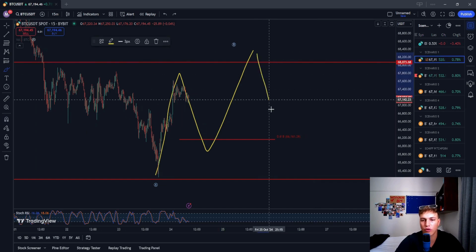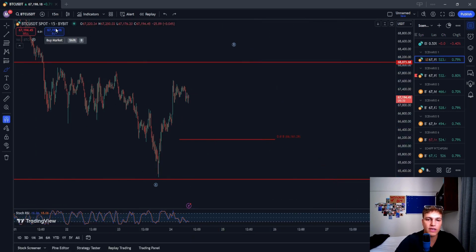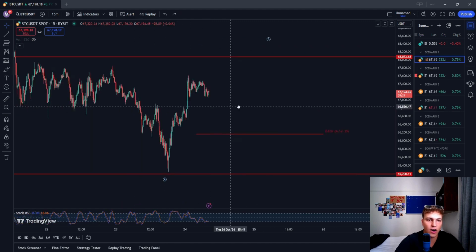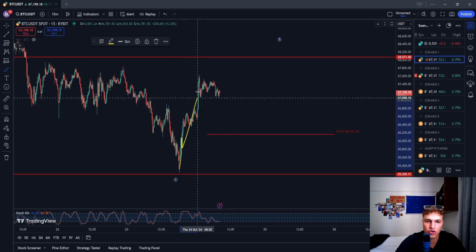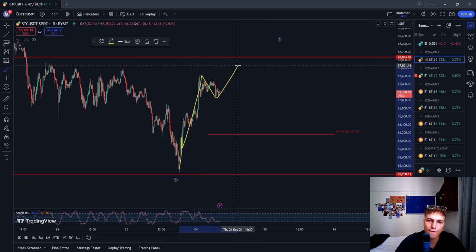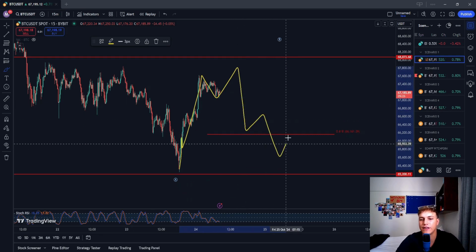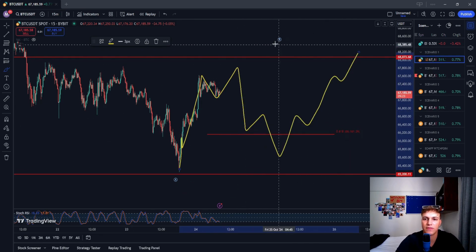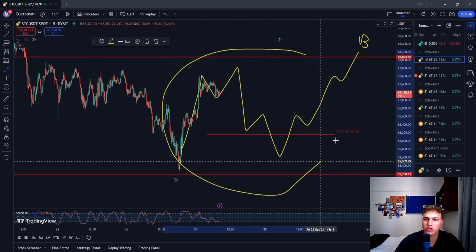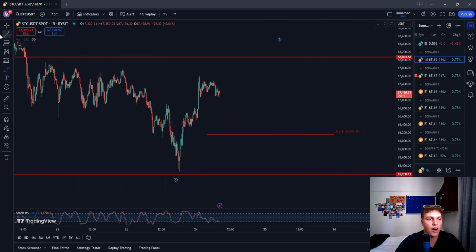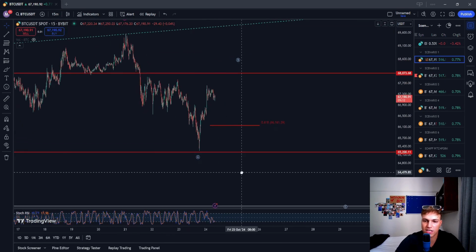Then we should look for that 5 wave move again in wave C. If we analyze what is going on here, this is possibly a 1, 2, 3, 4, finishing the wave A, coming down in a 3 wave, and then finishing the wave C, finishing B over here. That is what I do expect to see on the chart in the next coming hours, and this would then lead to that move towards the downside.